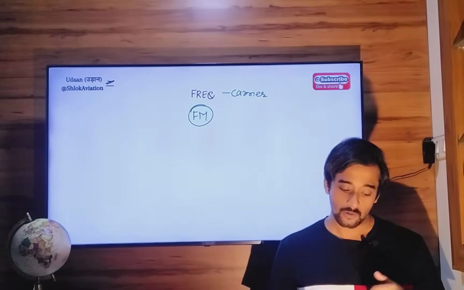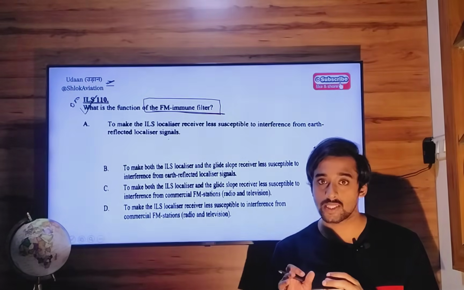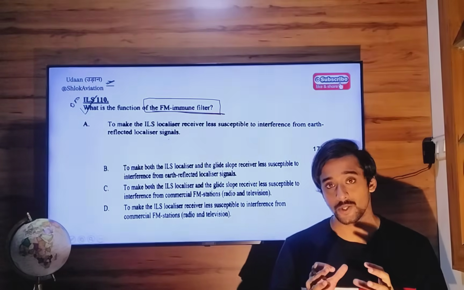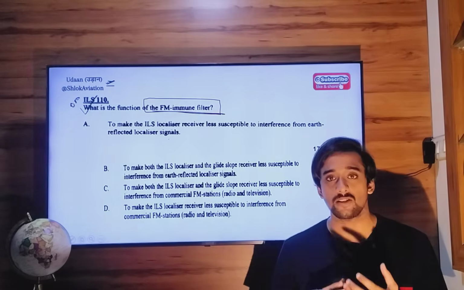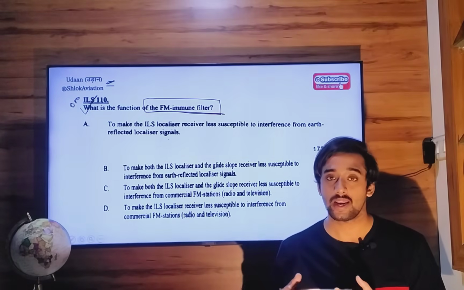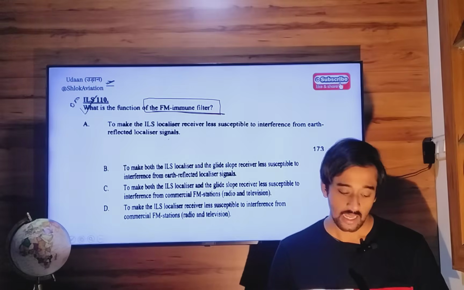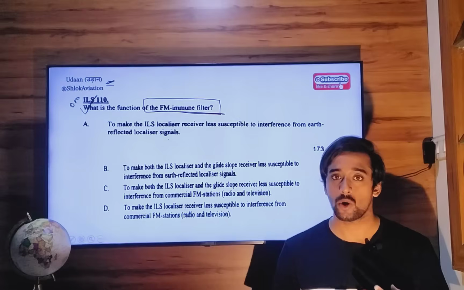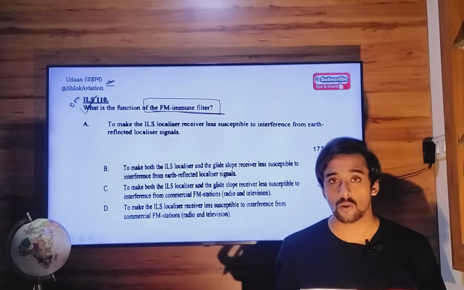Now it may happen when FM radio station frequencies are very close to the frequencies of the ILS localizer. These variations in frequencies of FM radio stations can interfere with your ILS localizer function. So to prevent that interference from happening, we have frequency modulated immune filters that help us achieve this objective.